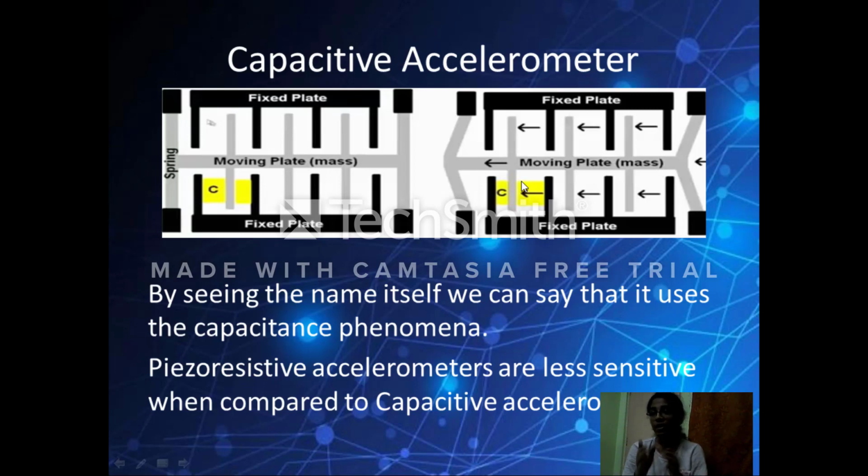The distance between the capacitive plates changes, and as such the capacitance changes. By the change in capacitance, you get to know how much vibration there is at that place.